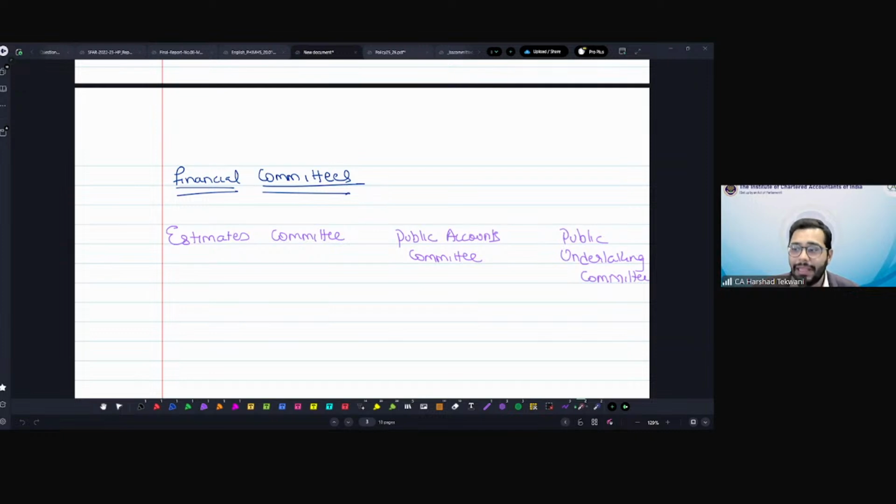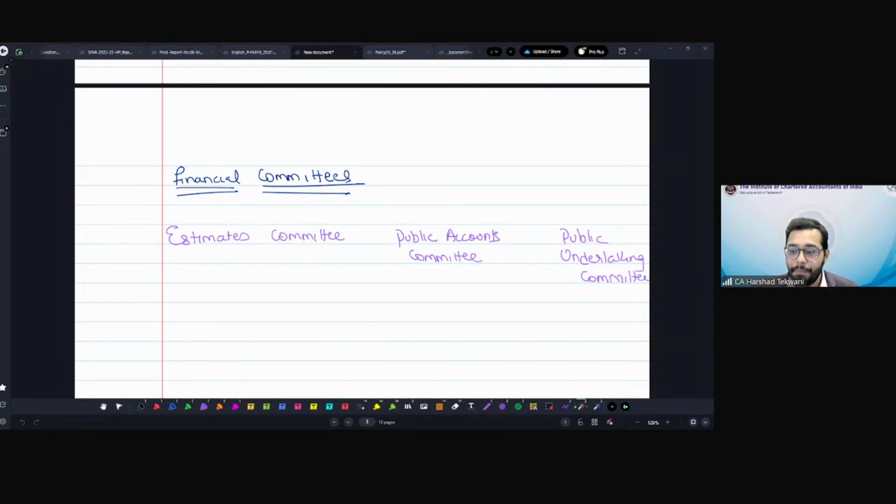They will also examine the income and expenditure, and trading and manufacturing schemes. They will examine the statements of accounts in detail, unlike the Estimates Committee, which has a very limited role related to estimations or efficiency. They will examine the statement of accounts, the statement of income and expenditure, whether the amount shown as legally to be disbursed and the expenditure being done are in conformity or not, and the consideration of the report of the C&AG.